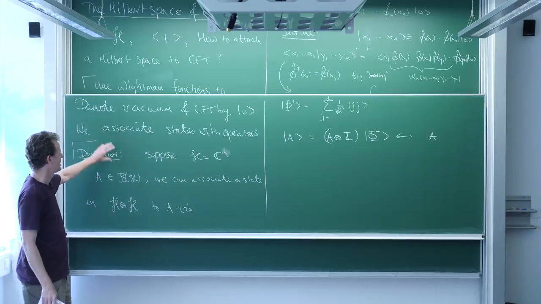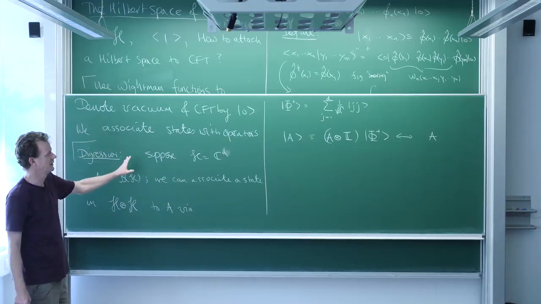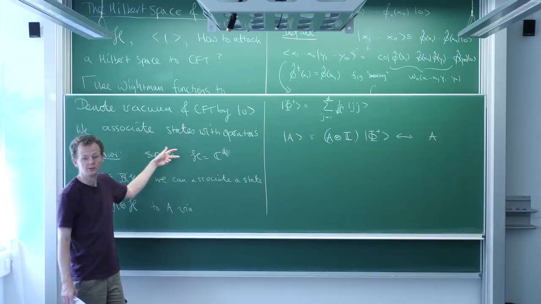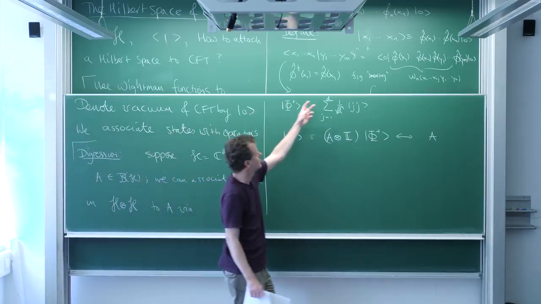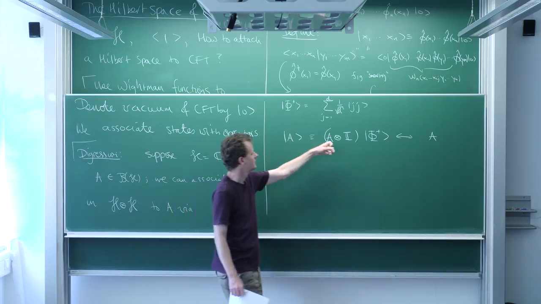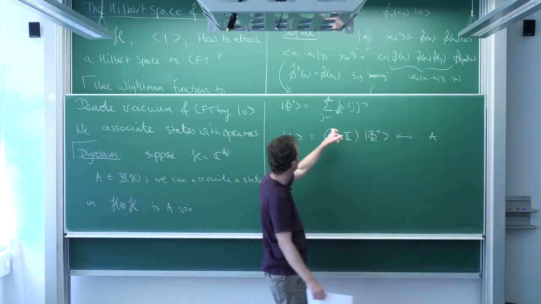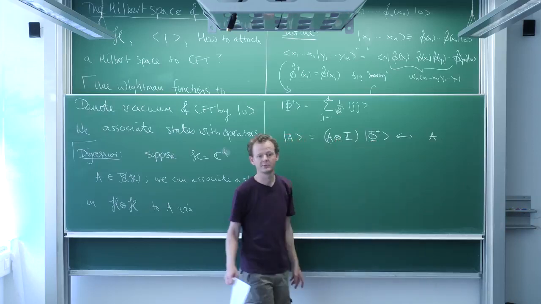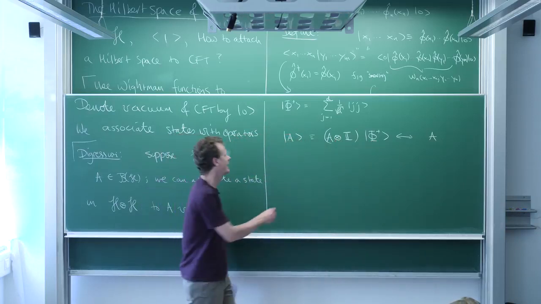So this is how we associate states with operators in quantum information theory. You have some operator, you have some initial Hilbert space, you build a maximally entangled state of two copies of the system, and you associate to the operator A the state A ket, defined by acting on half of this maximally entangled state with the operator A.